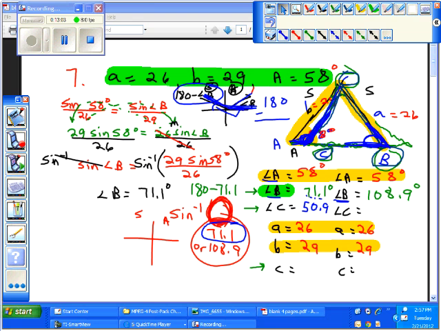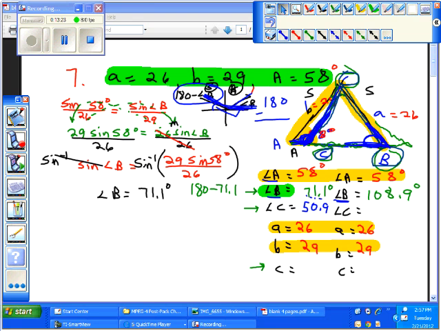So the calculator is going to give us the 71.1, and we have to know that it has a reference angle in quadrant 2 that's 108.9, you see. Okay. We'll talk about this more when we deal with the law of cosines in lesson 30. You'll see why I'm bringing that out here.